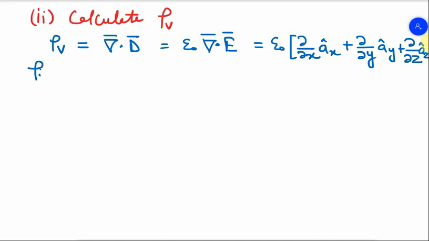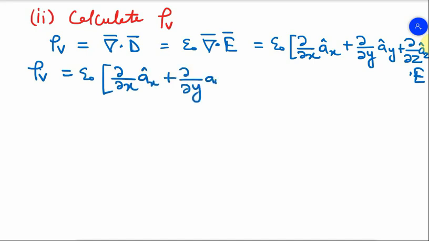So here rho v equals epsilon 0 times the del operator, del x ax plus del y ay plus del z az, dot product with E. What is E?